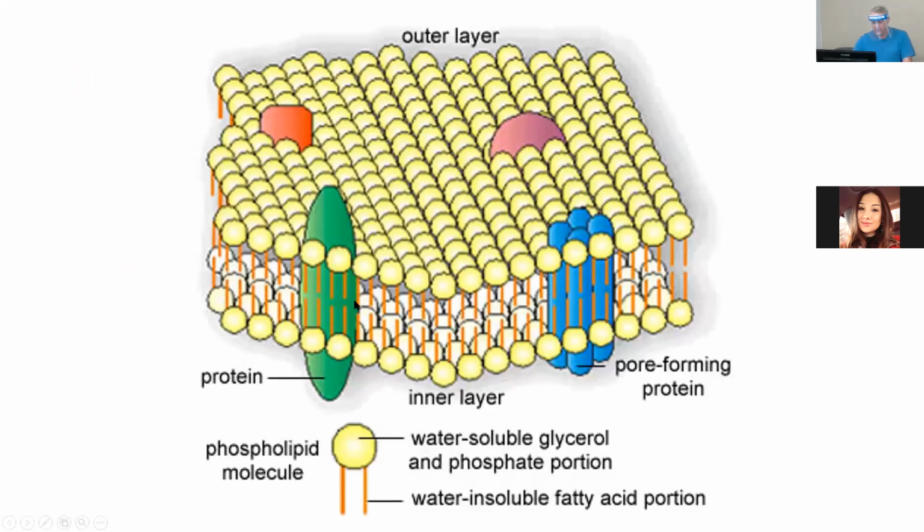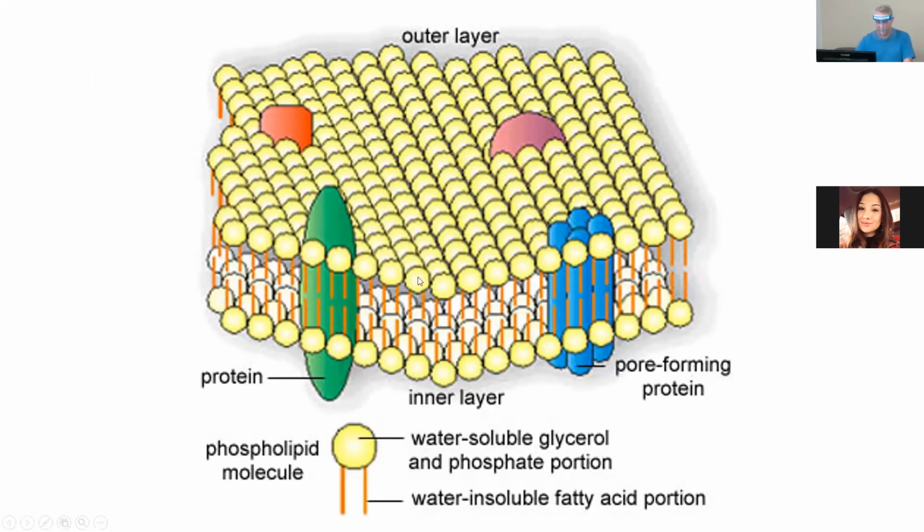These are our phospholipid bilayers, right? So it's two layers. The outer layer has a polar head, and the inner layer has a polar head, and they have hydrophobic tails, right? These are the fatty acid parts of the phospholipid, the lipid part, okay? Didn't know lipids were made of fatty acids.